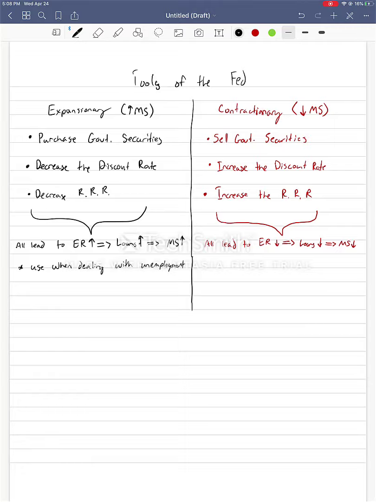Of course, anytime you're pumping more money into the economy, you've got to keep an eye out for inflation. So the Fed will keep an eye on inflation when pumping a lot of money into the economy.